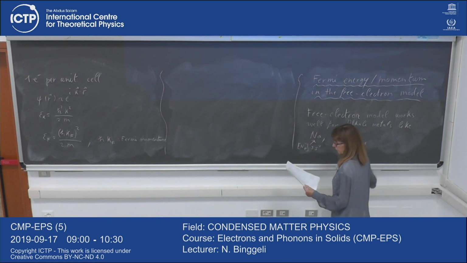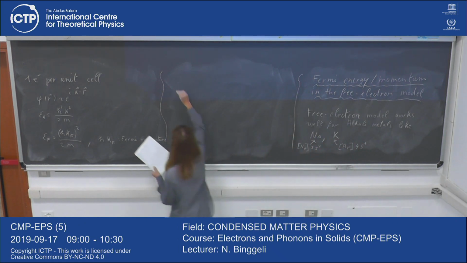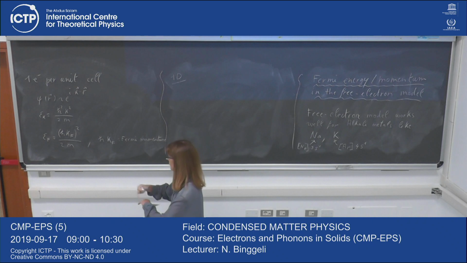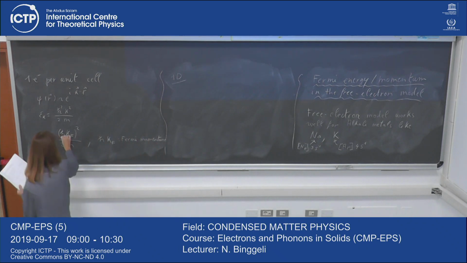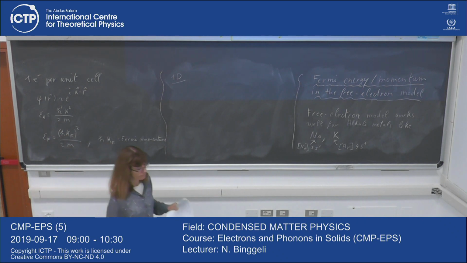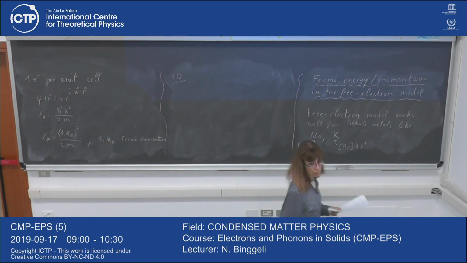So within my model, in one dimension, I have just my Brillouin zone with edge pi over a.